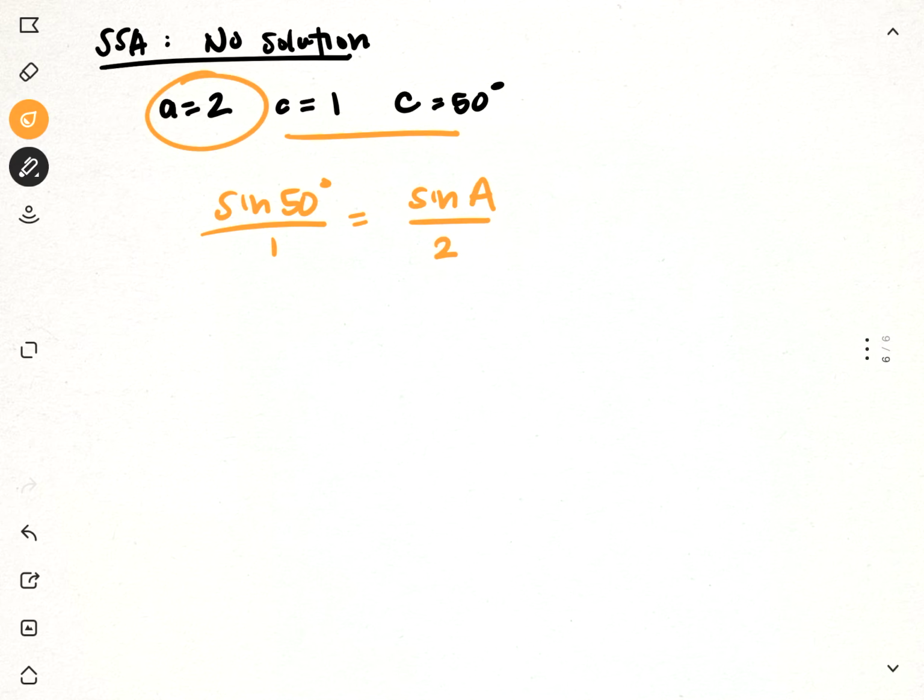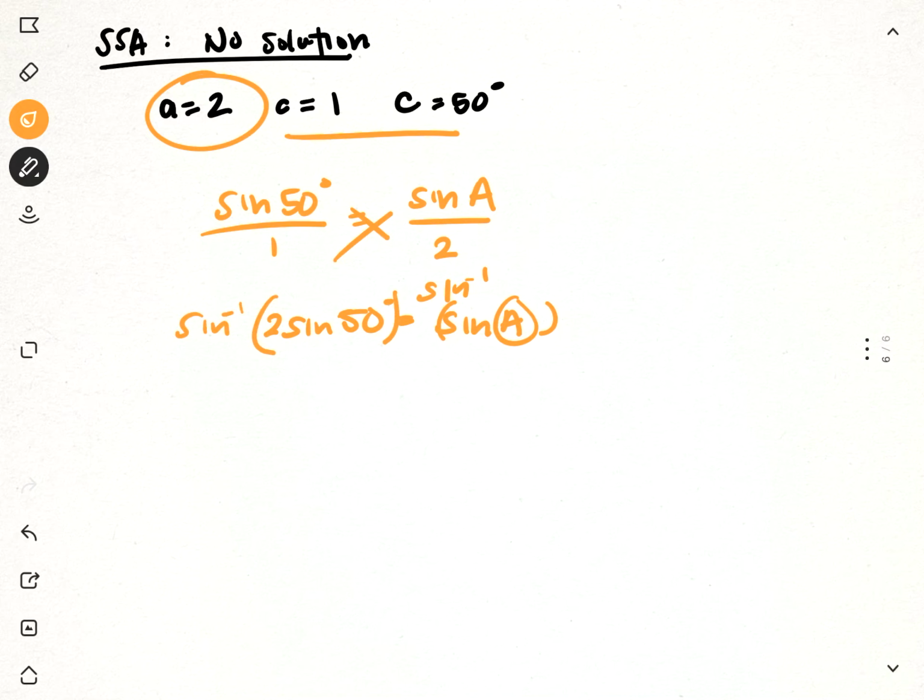If we multiply 2 and sine 50 and sine A, then 2 sine 50 equals, well, we could say 1 sine A, but 1 times anything is itself, so let's just say sine A. We're trying to get to this A again, so at this point we're going to sine inverse both sides, right?